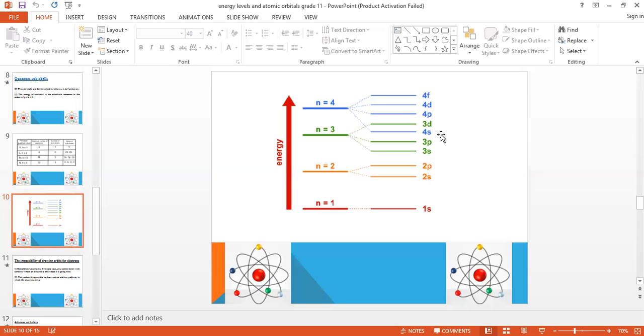So here are two questions. Why is 4s written before 3d? What is your answer? Less energy. That's it. Why is 4s written before 4p? Less energy. If I just switch this question: what is the difference between 4p and 4s atomic orbitals?